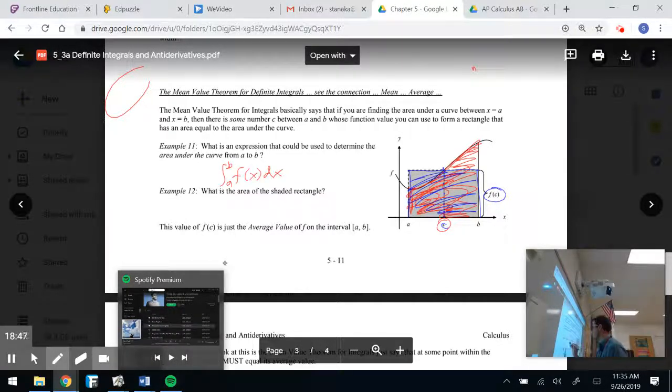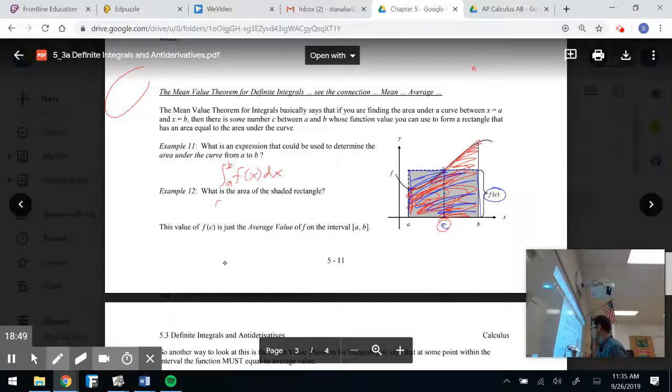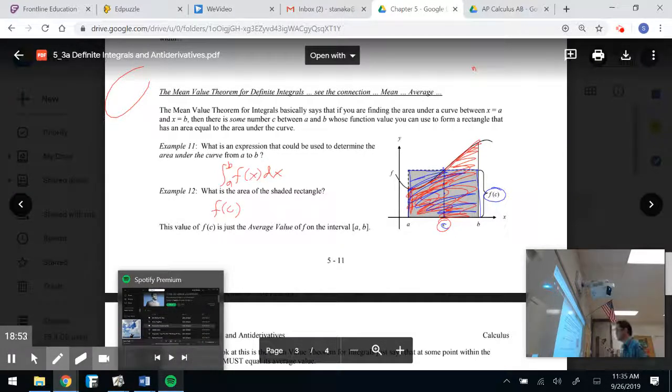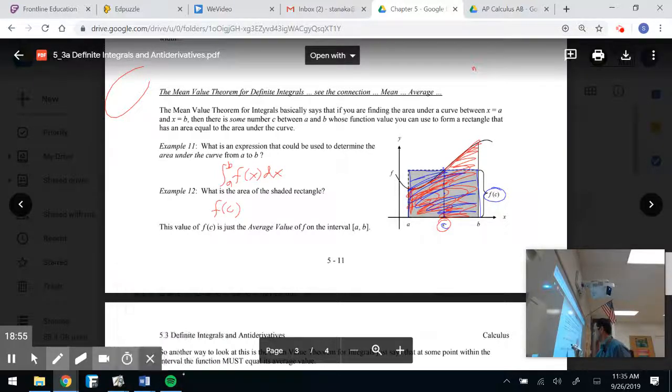Well, the blue is simply that function value, f of c, which we're going to call the average value, times b minus a. That's just a length times a width. That looks really familiar, doesn't it, class? This value of f of c is just the average value of f on the interval.